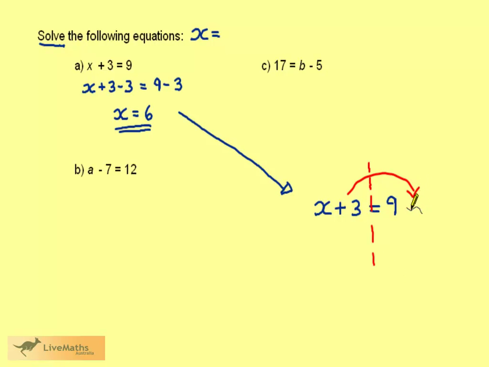We want it moved to the other side. When we move it to the other side, the magic curtain changes its sign, so instead of being plus 3, it becomes minus 3. And then we have x is equal to 6.